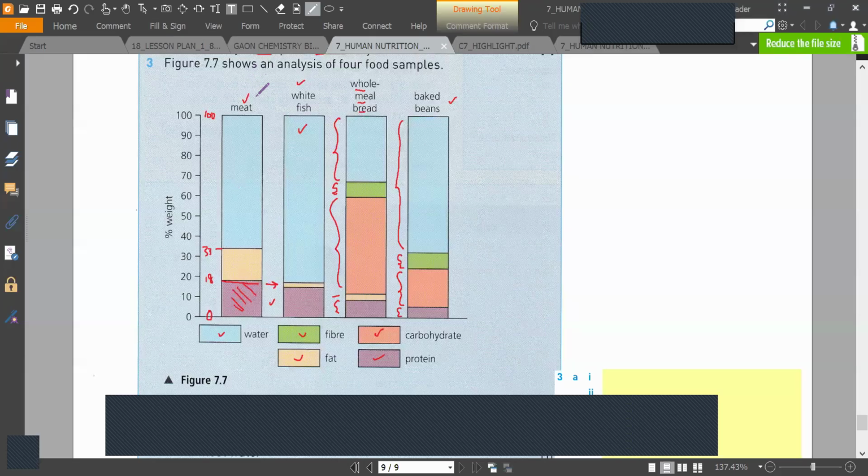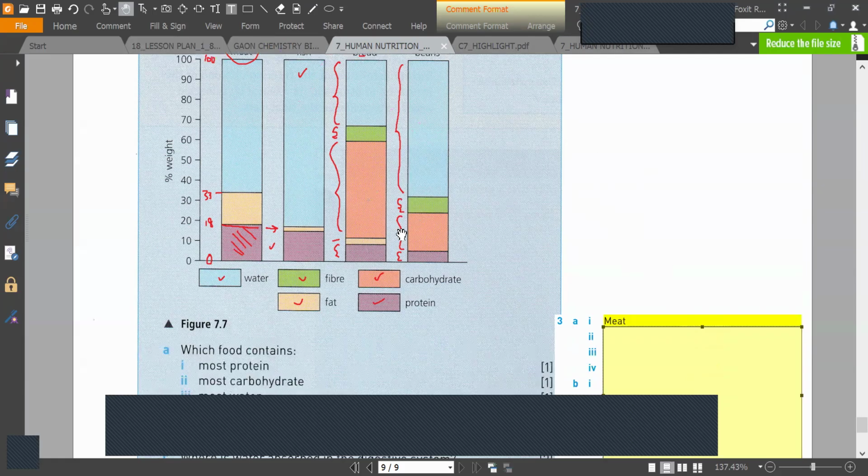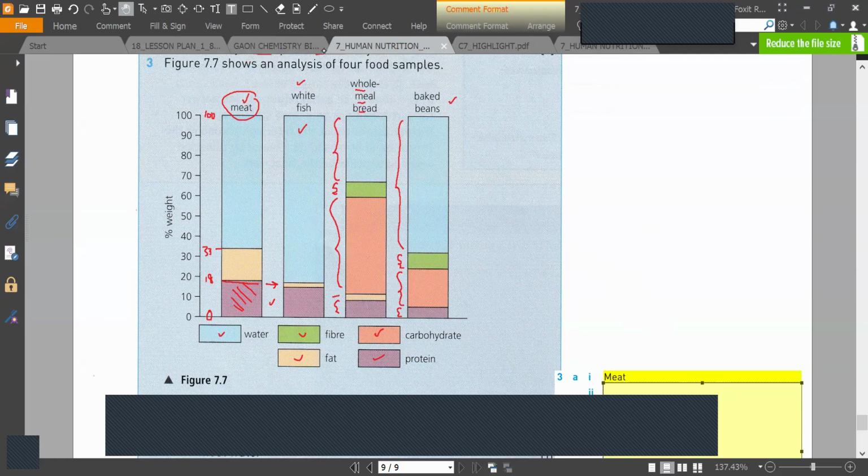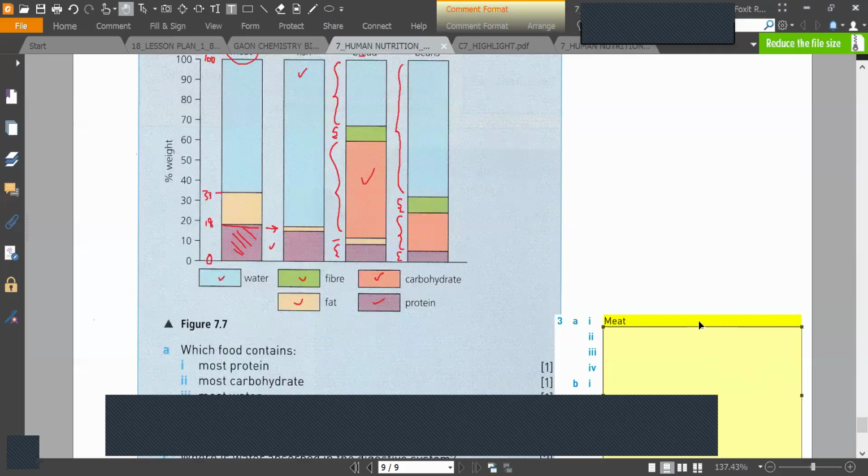It has the highest amount of protein. Next, most carbohydrate is very clear. The one that has the most carbohydrate will be the wholemeal bread.